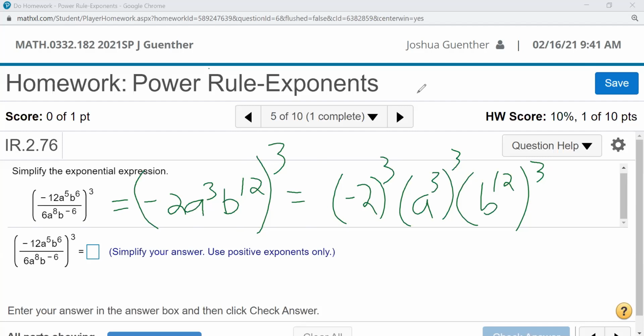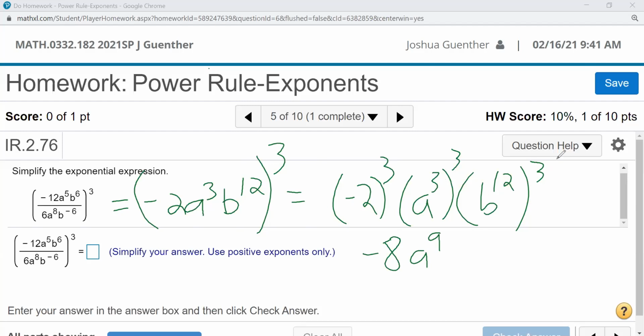And now we'll do each piece individually. Negative 2 to the 3rd, let's see, that's going to be negative 2 times negative 2 times negative 2. Oh, that's going to be negative 8. Now, a to the 3rd raised to the 3rd, remember we don't add these powers, we multiply them. So that's going to be a to the 9th because of the power rule.